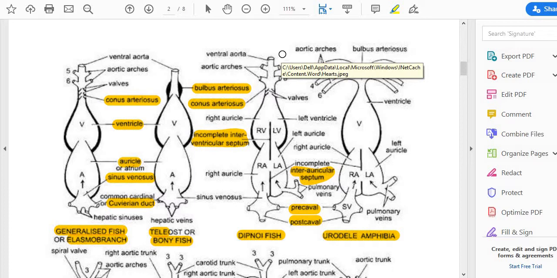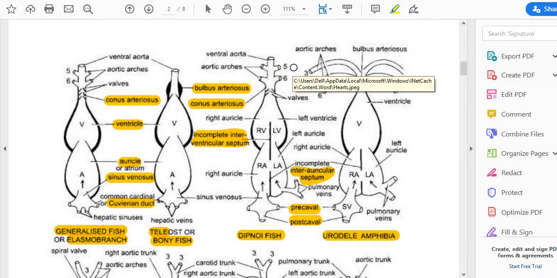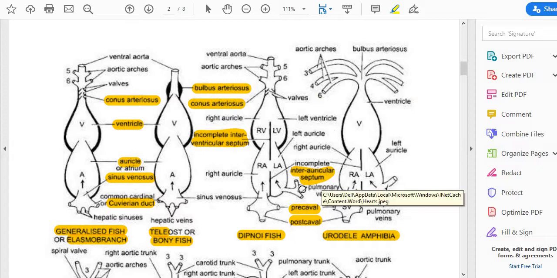So in the lungs, the blood is purified. The blood actually flows towards the lungs through the aortic arches. From the aortic arches, the blood is taken to the lungs. In lungs, the blood is purified. The deoxygenated blood is converted into oxygenated blood, and that blood is again taken into the left auricle.